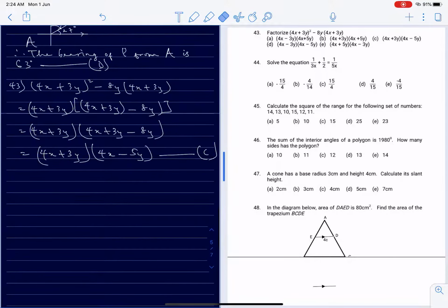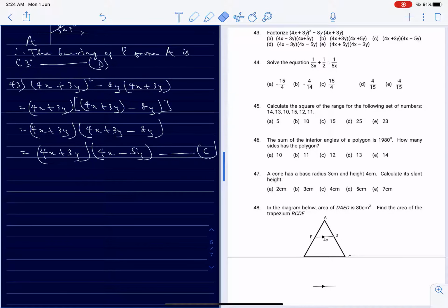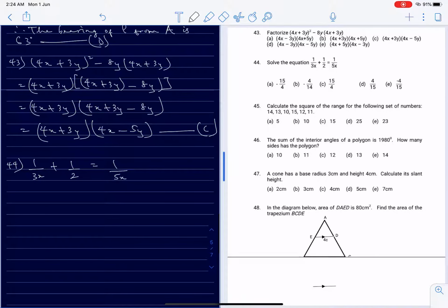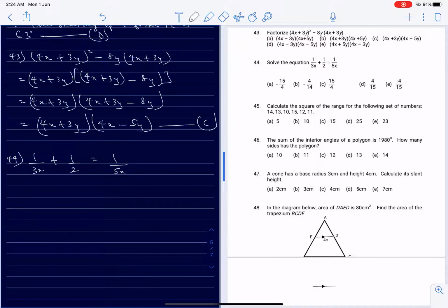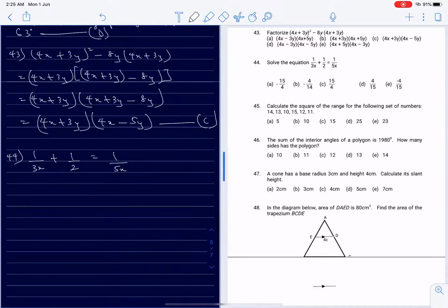Now we move on. Number 44. Solve the equation 1 over 3x plus 1 over 2 equals 1 over 5x. Here we can simply collect like terms.